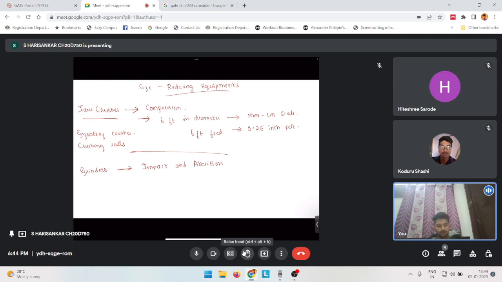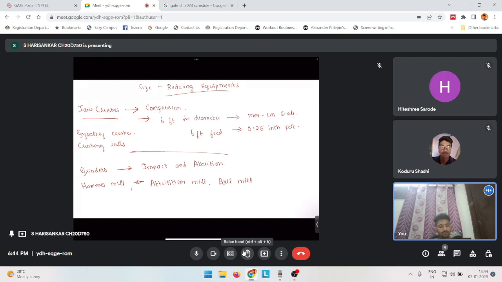Some types of grinders are the hammer mill, the attrition mill, and the ball mill, a term you must have heard a lot. Each of these mills has different working principles by which they reduce the size of the particles, but these are just some of the size reducing equipments that come under the grinder classification.